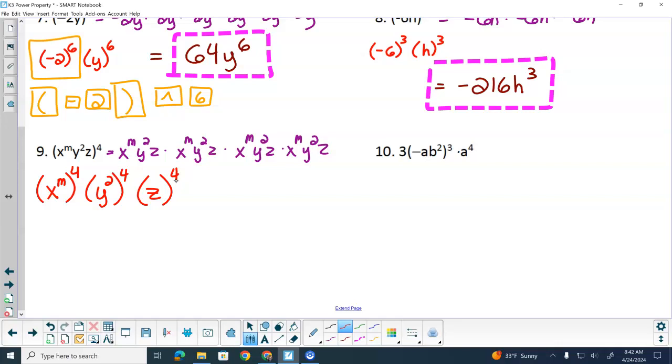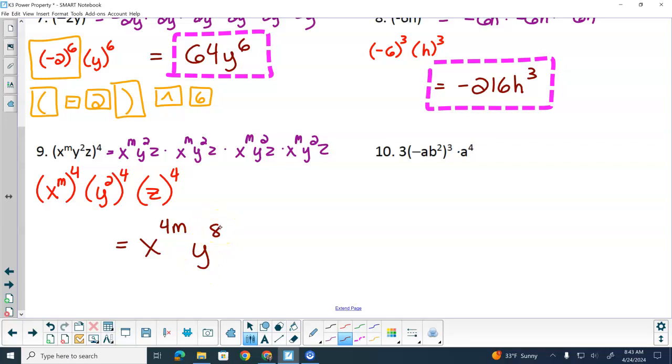So Jake, what is 4 times m? 4m. So this is going to be x to the 4m power. Wyatt, power to a power, what do I do with them? Multiply them. 4 times 2? 8. So that's going to be y to the 8th power.